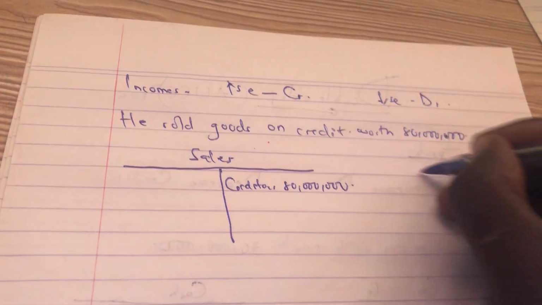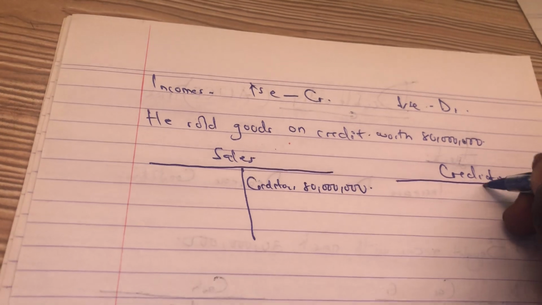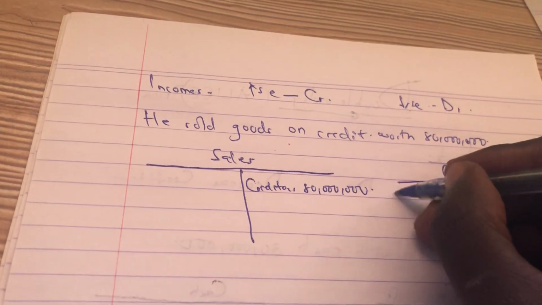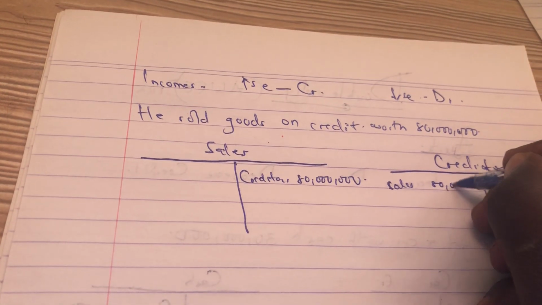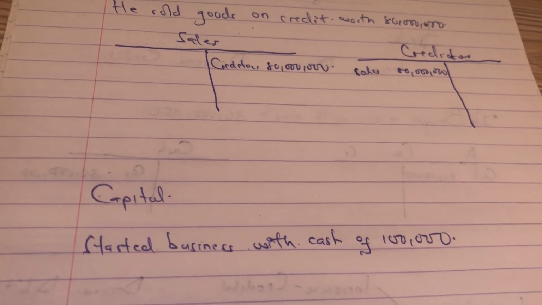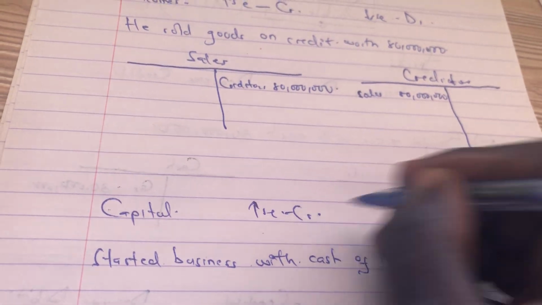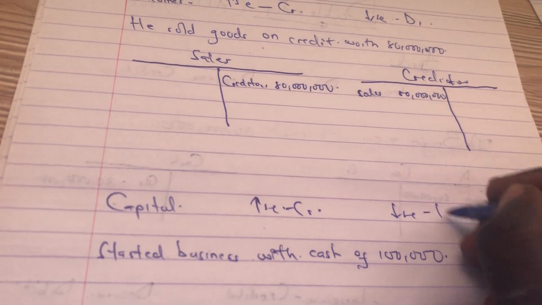And that means the double entry, the creditors account, we shall do what? Debit it. It's the creditors account with sales of 80 million. Are we together?